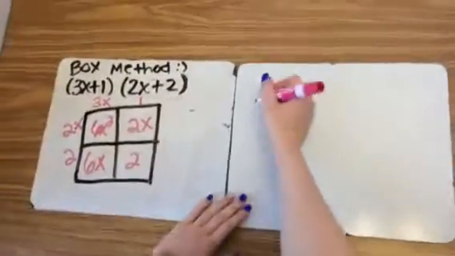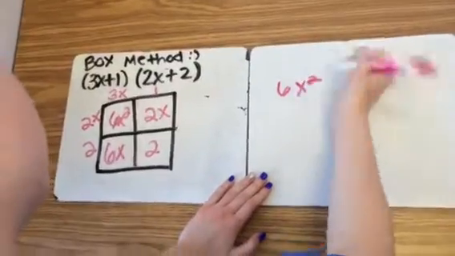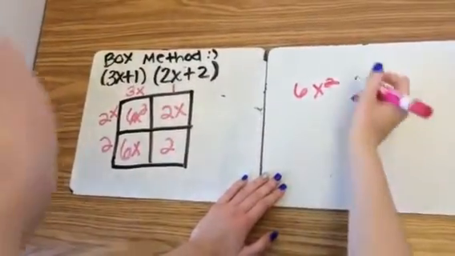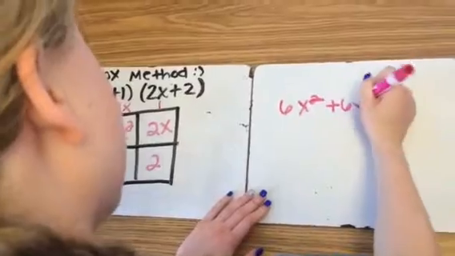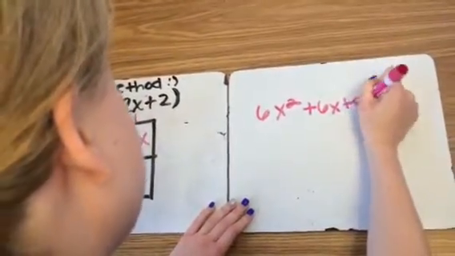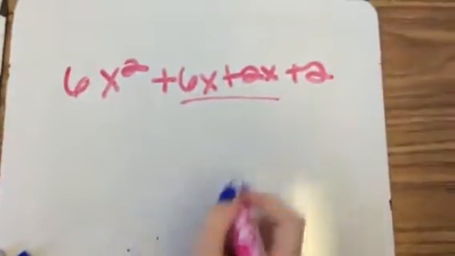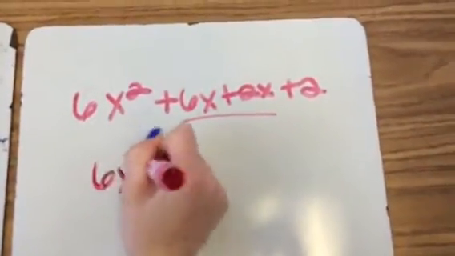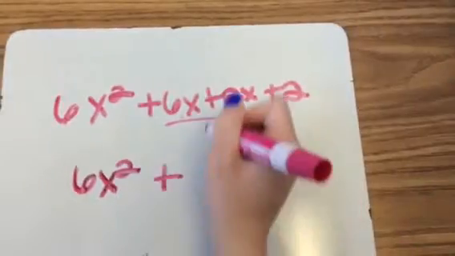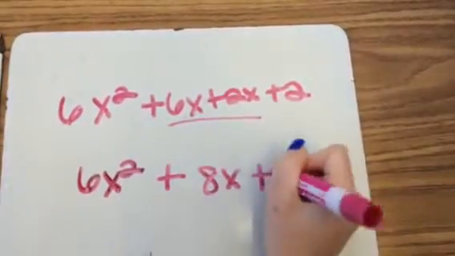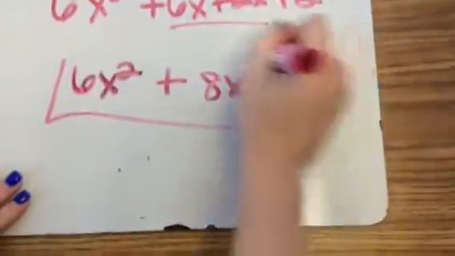So you take it over here and it's 6x squared, because there's no other squared numbers, plus 6x plus 2x plus 2. Now you can combine these because they're both x. So you go 6x squared plus 8x plus 2, which is your answer.